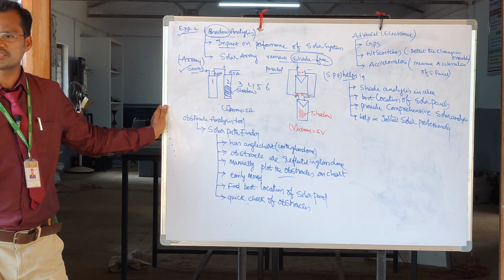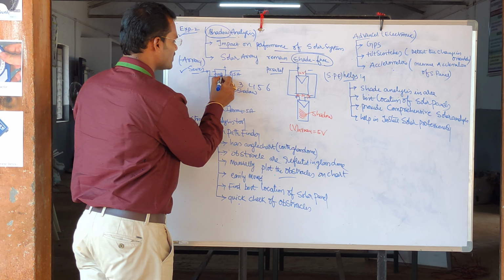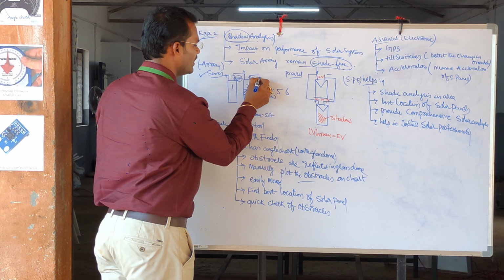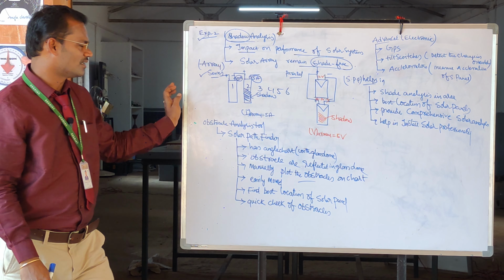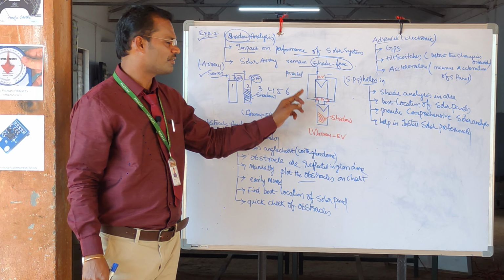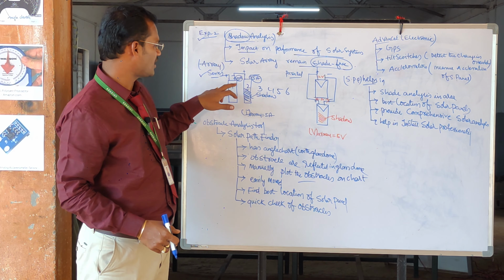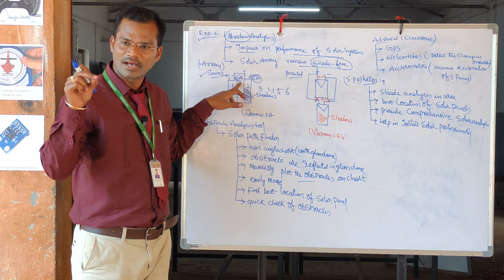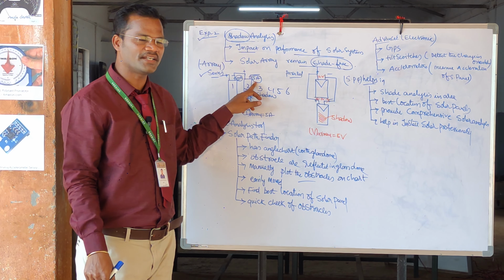But due to this partial shadow, half of it is covered with shadow. So rather than generating 10 amperes of current, it is generating only how many amperes? 5 amperes. But the others, 3, 4, 5, 6, 7, 8, 9, 10, are shadow free. They are able to generate how much current? 10 amperes. The panel which is subjected to shadow is generating how many amperes of current? 5 amperes.